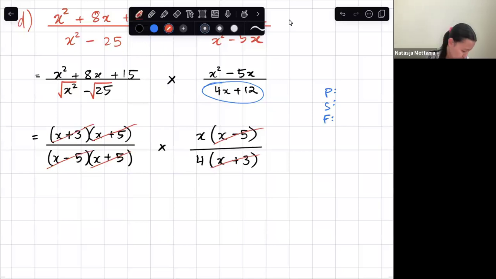All I'm left with is here turns into 1 because there's nothing left. I'm left with x over 4. So now my answer is going to be, of course, x over 4.